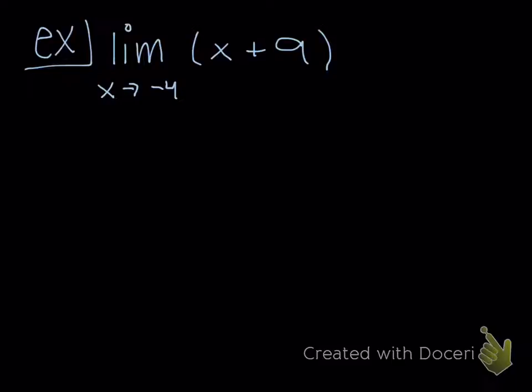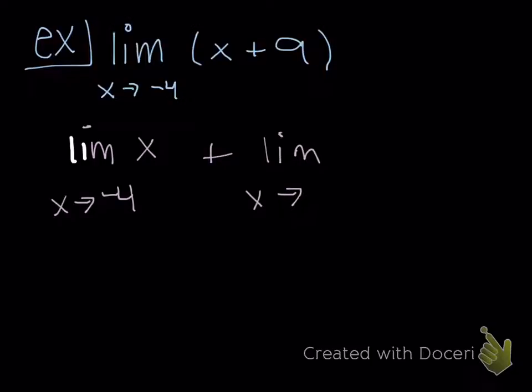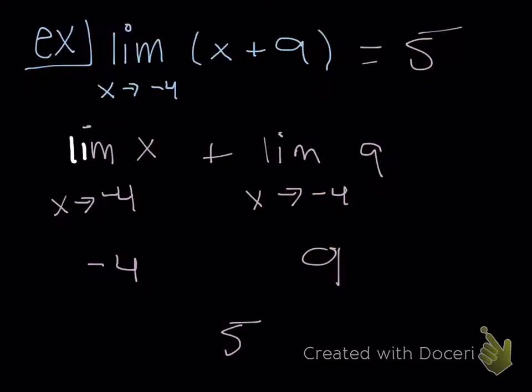If I plug in -4, -4 plus 9, the thought process behind this is the limit as x goes to -4 of x plus the limit as x goes to -4 of 9. Because this one's constant, the answer is always going to be 9. The y value has to be 9. Here, if x is going to -4, it has to be -4, so -4 plus 9 is 5. So the limit as I go towards -4 has to be 5.